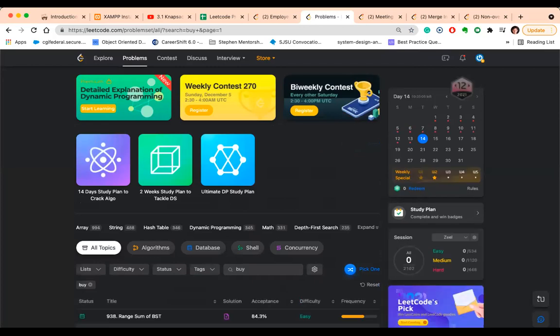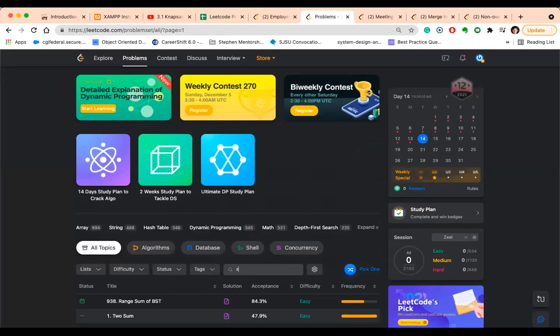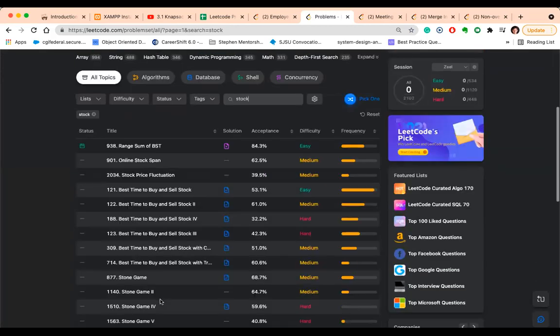Oh yeah, that's very much dynamic programming or state. Gotcha. So I would say it's the third sequel of that problem. Buy and sell stock 3 is the one, I feel.